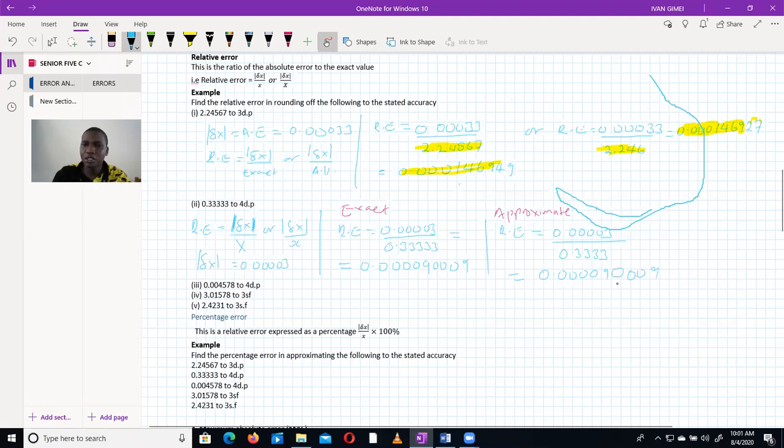You see that the relative error is the same in this case. So that's why we say you can divide by the exact value or divide by the approximate value. Either way, you'll come up to the same thing or close to the same thing.